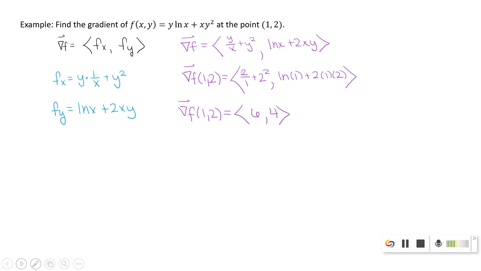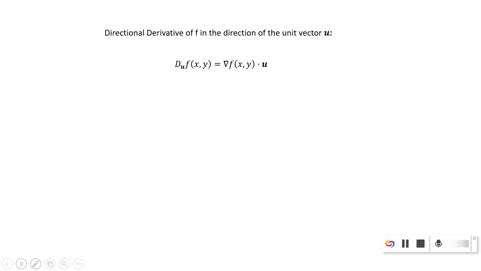And again, what those numbers are telling us is the 6 is the rate of change in the x direction, and the 4 is the rate of change in the y direction. So now that I have defined this gradient vector, we can define our directional derivative in the direction of the unit vector to be our gradient vector dotted with that unit vector.